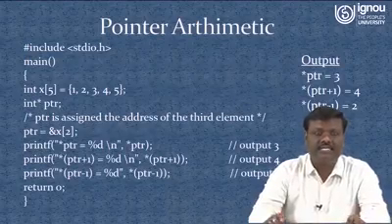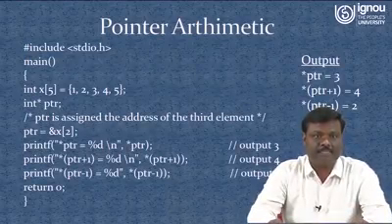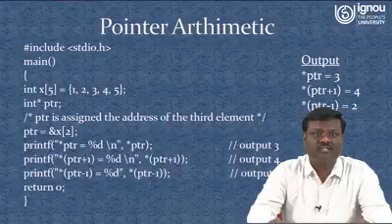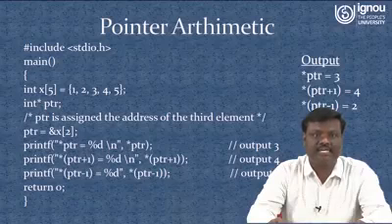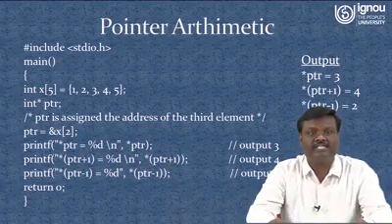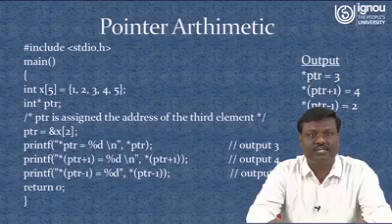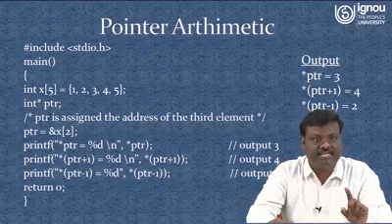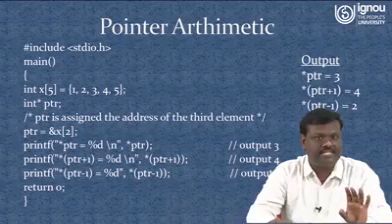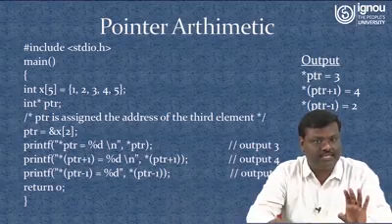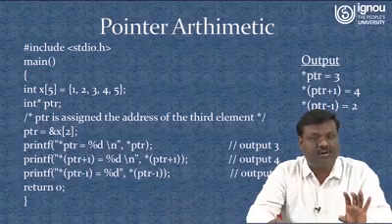Then let us see pointer arithmetic. Here the 5 values 1, 2, 3, 4, 5 are assigned to an array x of 5 of integer data type. Then ptr is a pointer variable which is pointing to an integer, and just for example I am assigning the address of index 2, x of 2, to ptr.